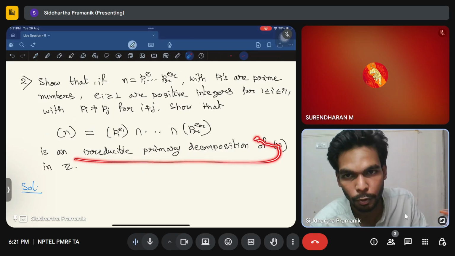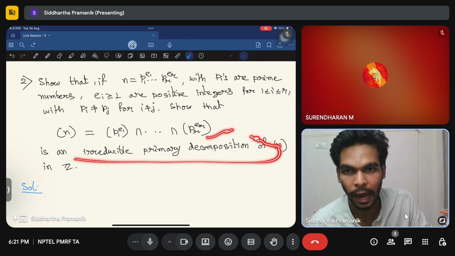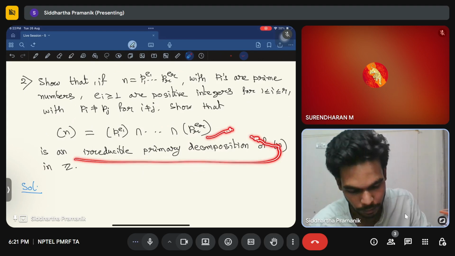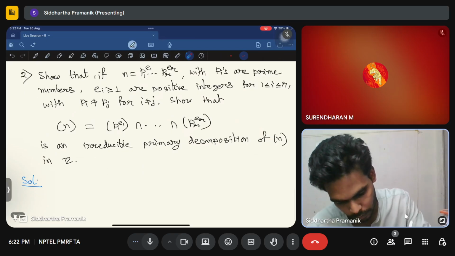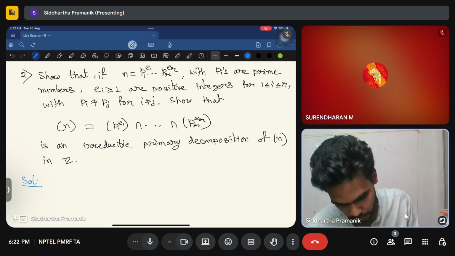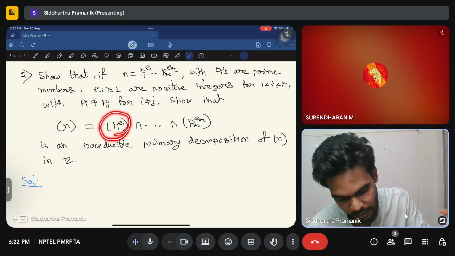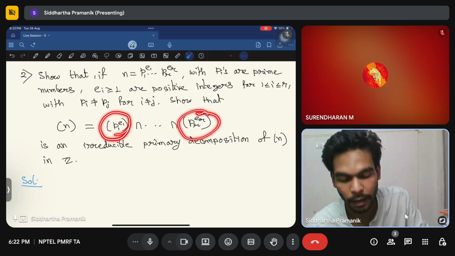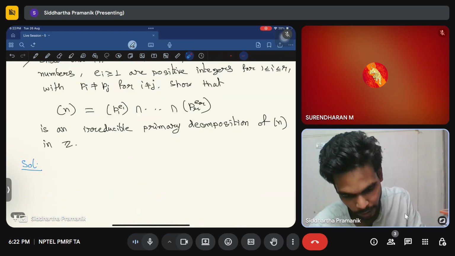So we need to prove two things: that it is a primary decomposition and that it is irreducible or minimal. We have already proved that ideals of this form are primary ideals in the previous exercise. So one part is already done.